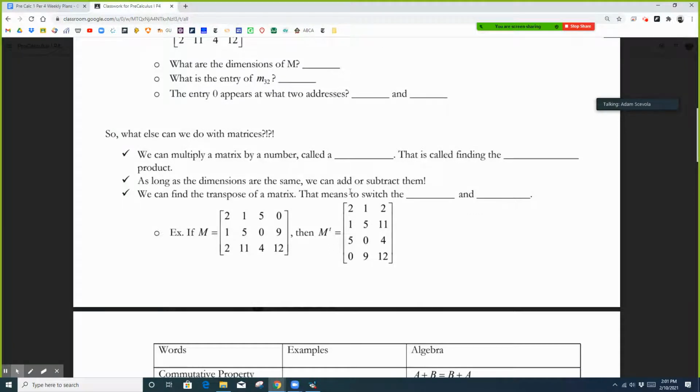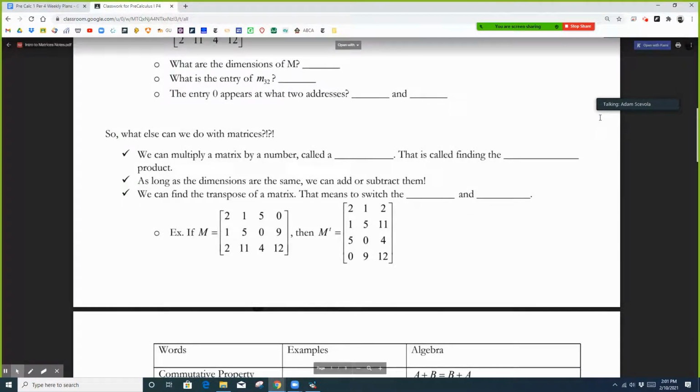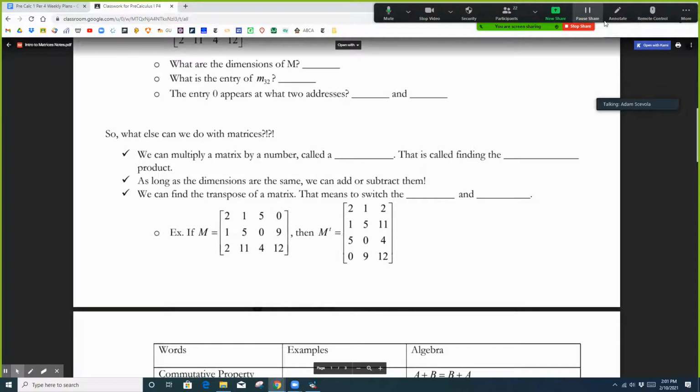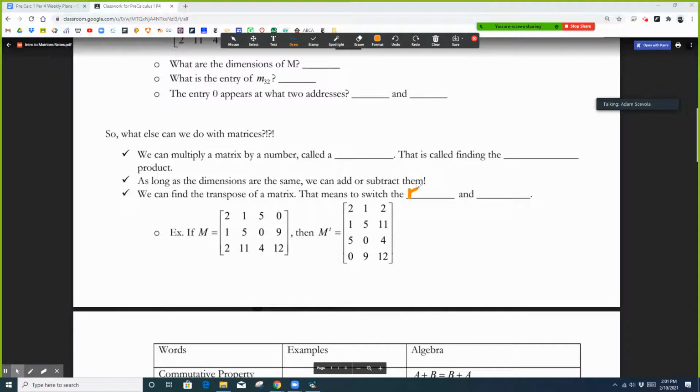There's also something called the transpose of a matrix. Transpose means you just switch the rows and the columns. So if this is M, then this is M transposed.